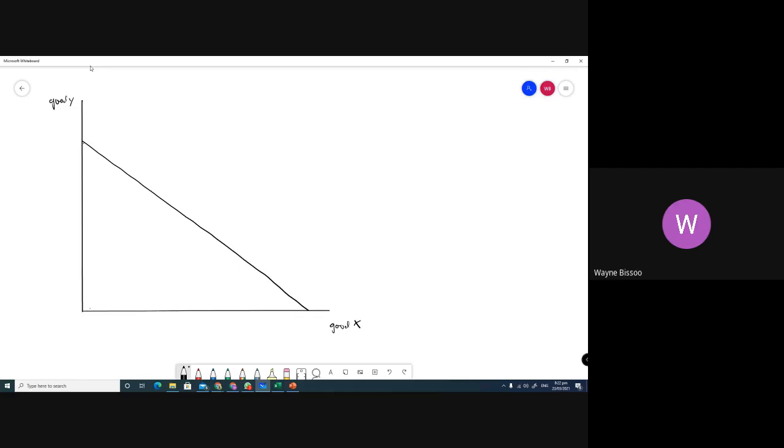All right, so this is my position, my budget line AB. All right, so my first situation is that I am at AB and I am at equilibrium, and I'm going to call this I3 at this point here. Let's call this E1. That's my first position.